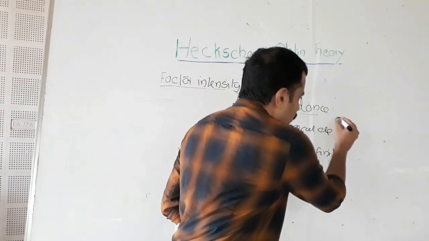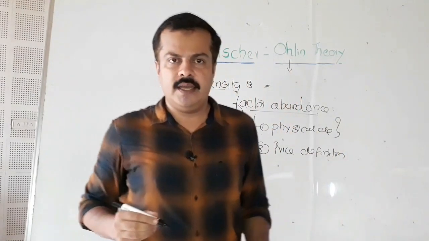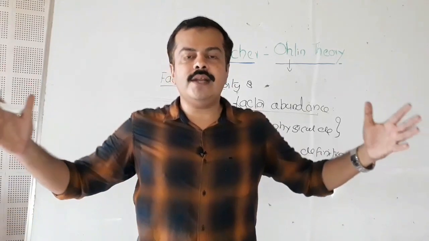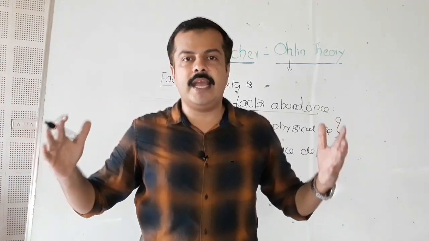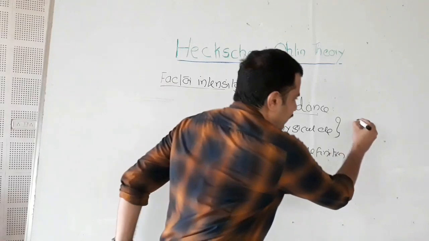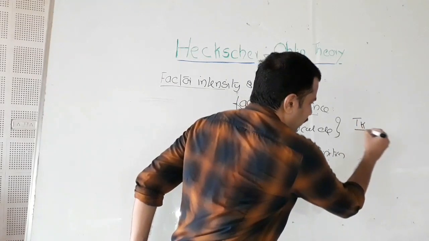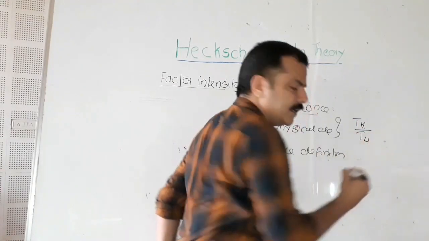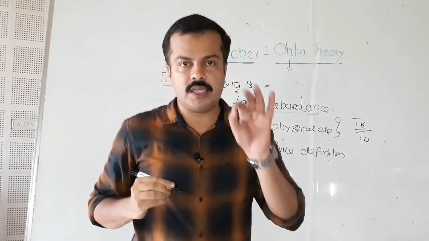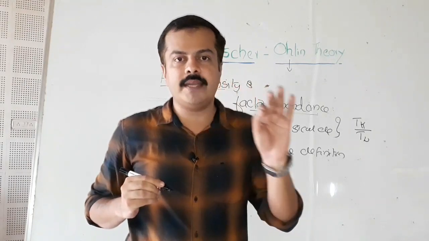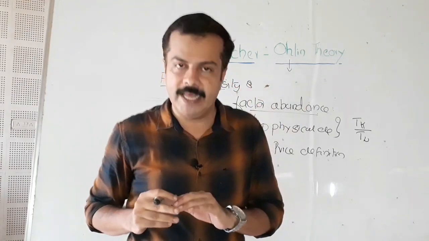On the basis of the physical definition, here we treat the total quantity of capital and labor. Let us say that it is TK by TL. That is, it is represented as a ratio: total quantity of capital divided by total quantity of labor.